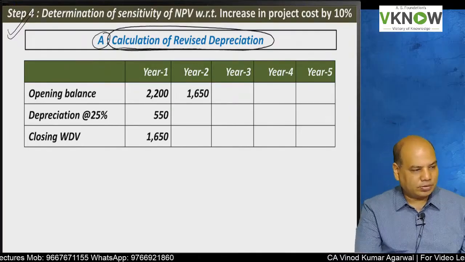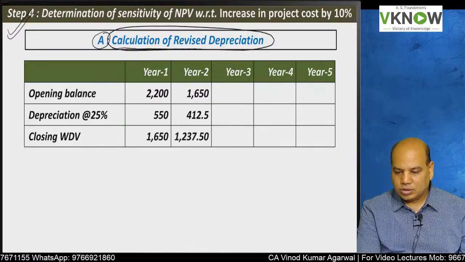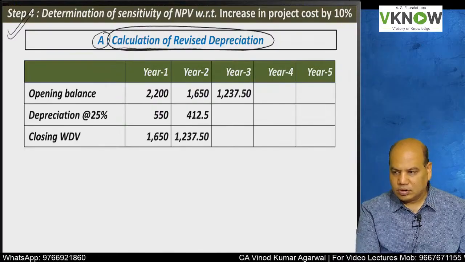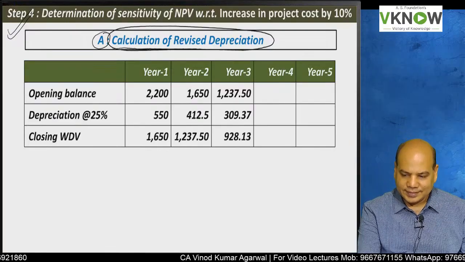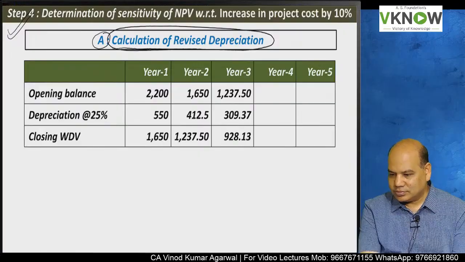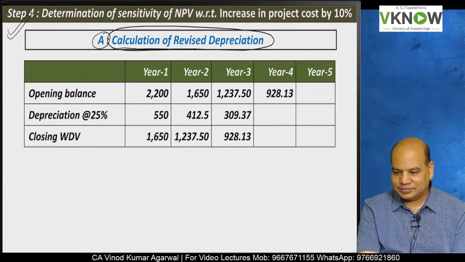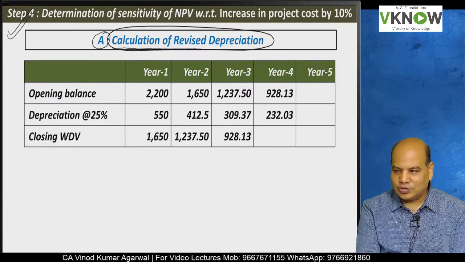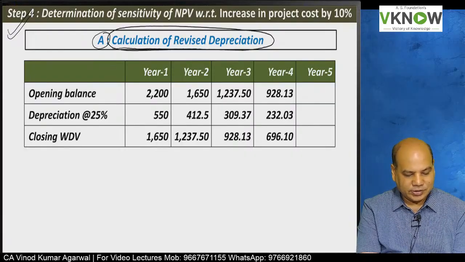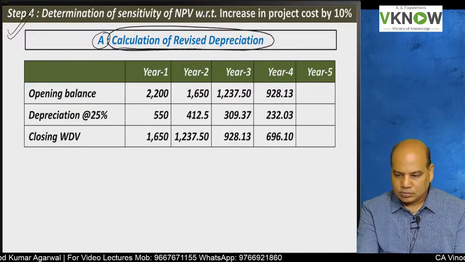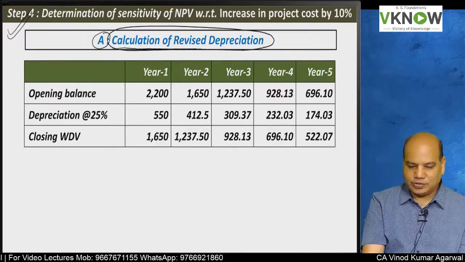Continue yourself. 1650, try yourself. Yes, you can do it. 412.50, 1237.50, 309.37, 928.13, 232.03, 696.10, 174.03, 522.07.